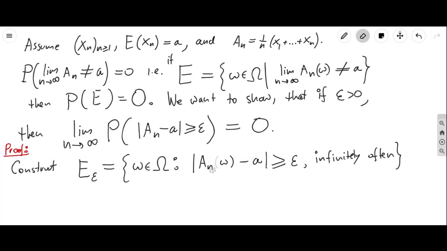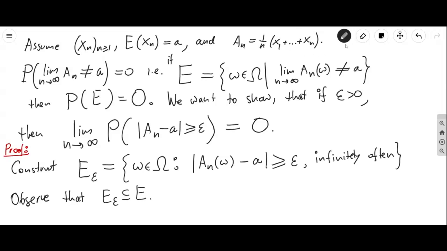Okay, so this will consist of all sample points that violate the convergence requirement with this threshold epsilon. So that's why you have this infinitely often condition at this level epsilon. And then we observe that this event, E subscript epsilon, is a subset of E.